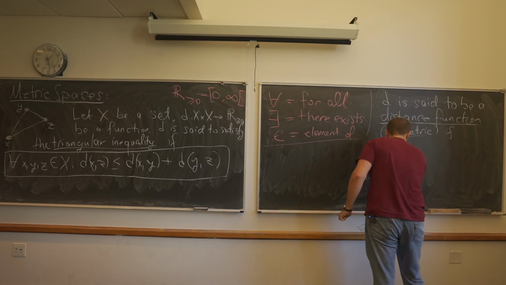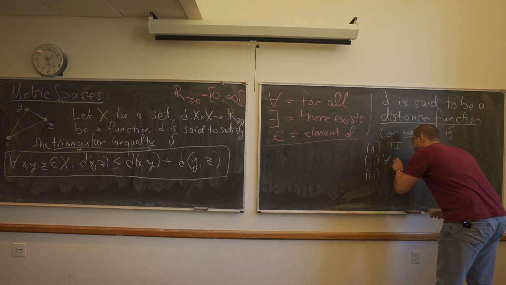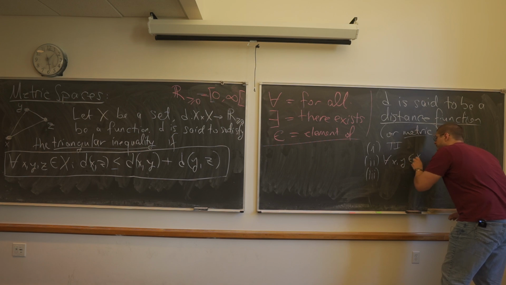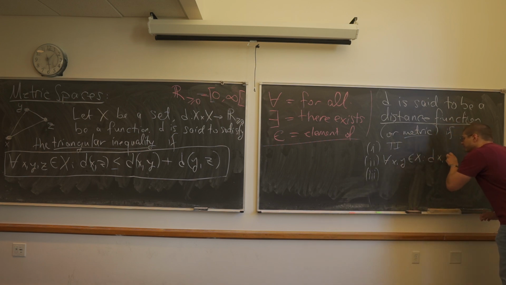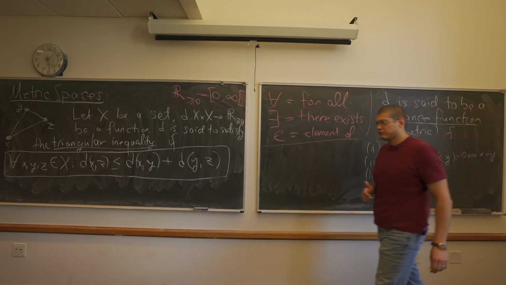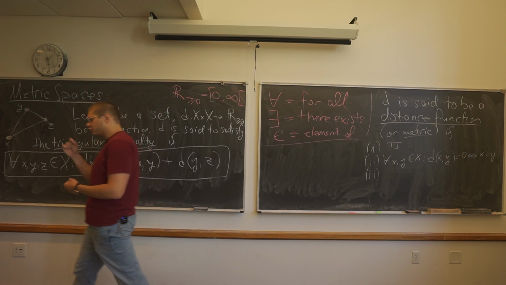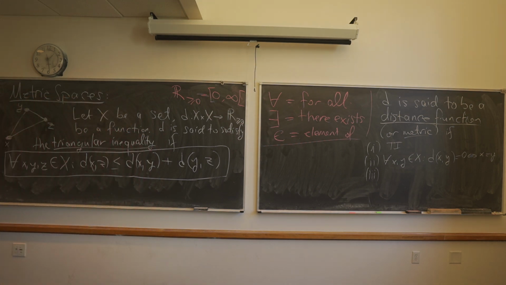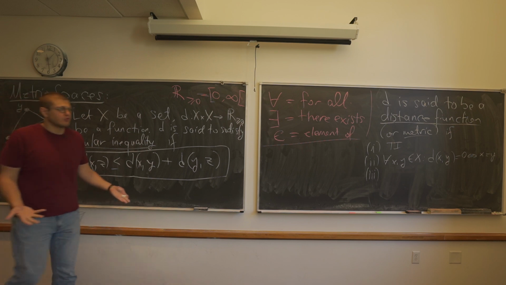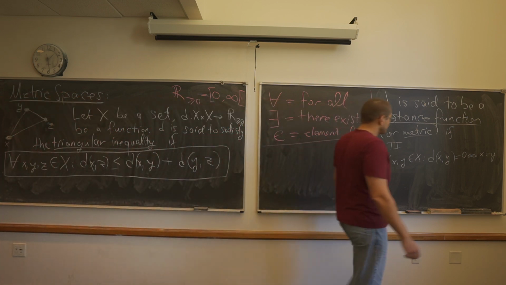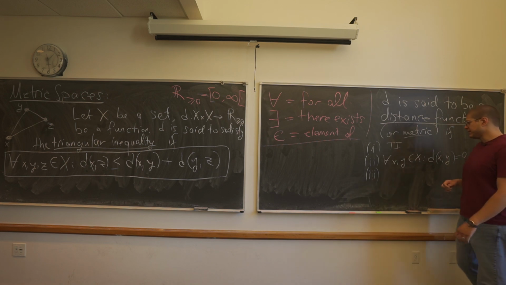Okay, let me be rigorous. For all x and y, the distance between these 2 points, x and y, is 0 if and only if, so it goes both ways, x is equal to y. Right? So that means that the distance of a point to itself should be 0. And if 2 points have 0 distance, they literally have to be the same points. Okay, so this is the separation axiom, I think is what people say.